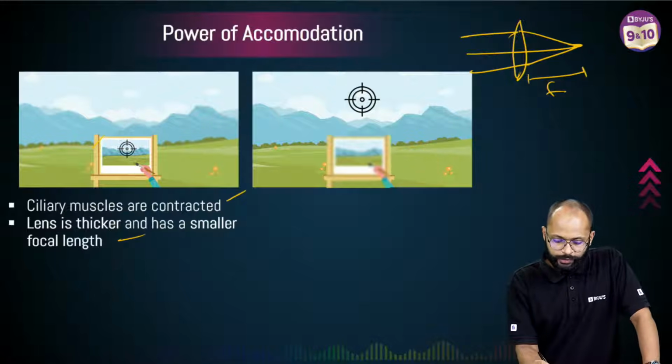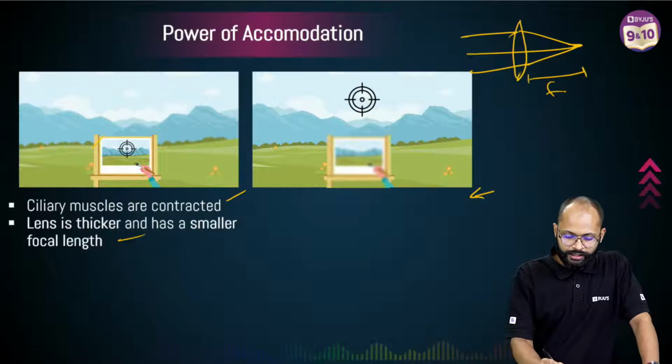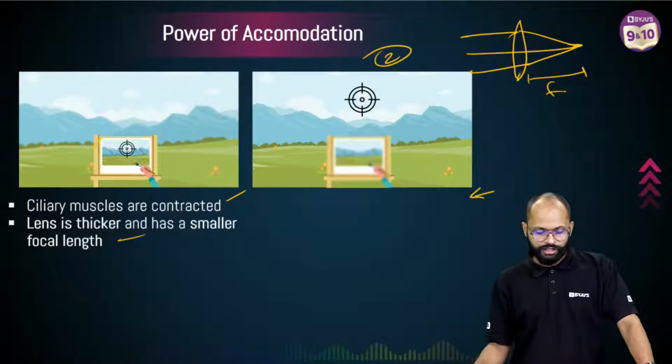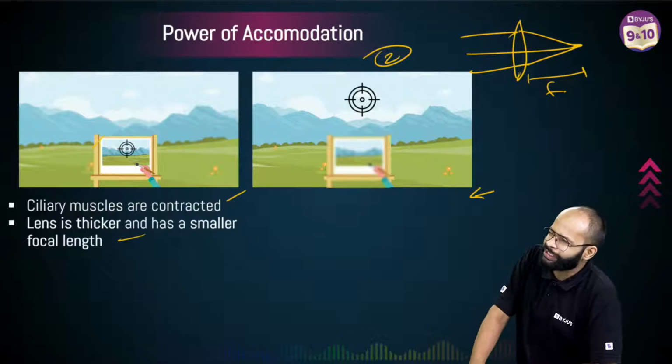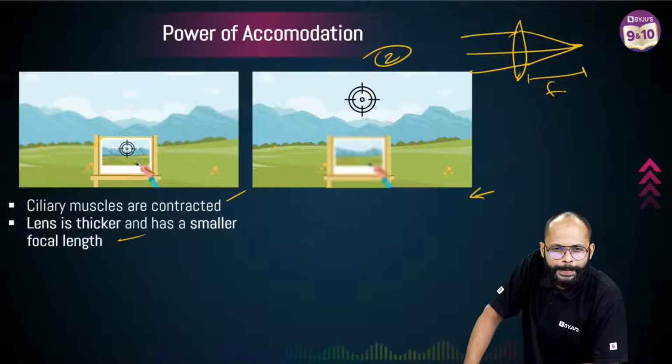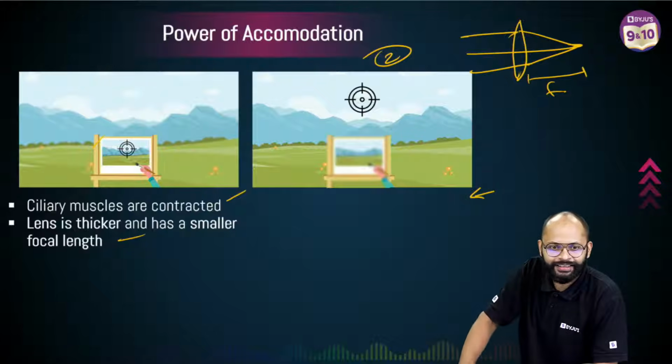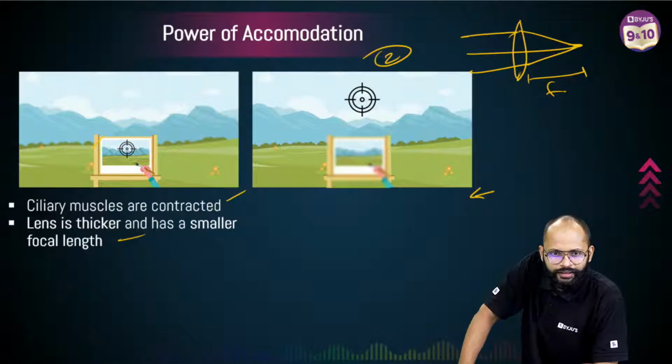Now similarly, can you tell for this one, image number 2? For image number 2, are the ciliary muscles relaxed or contracted? Tell me, come on. The brain takes care of it. It's infinity.